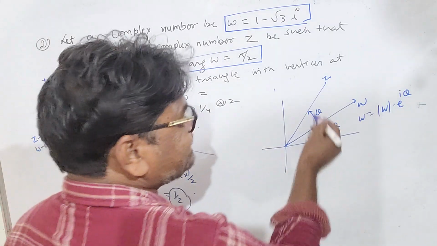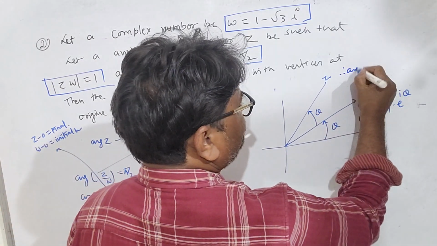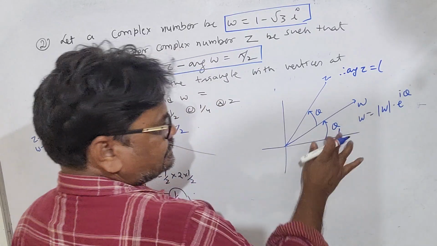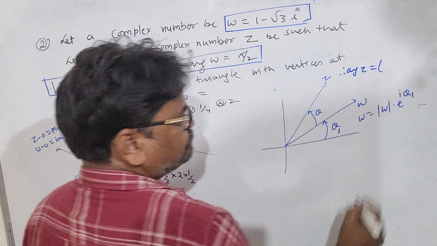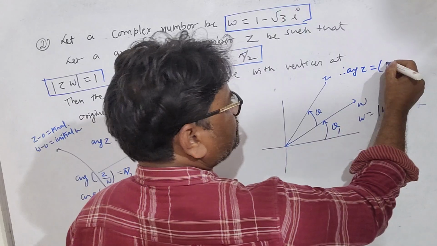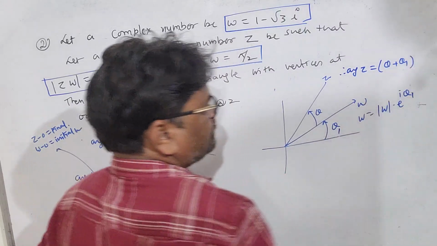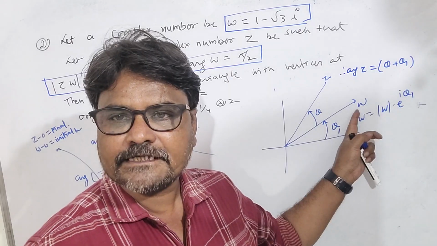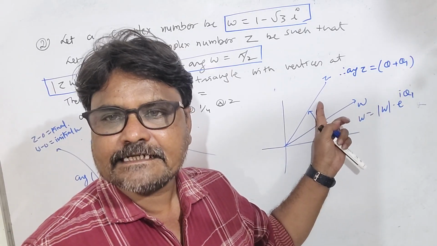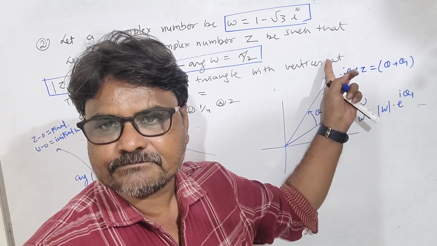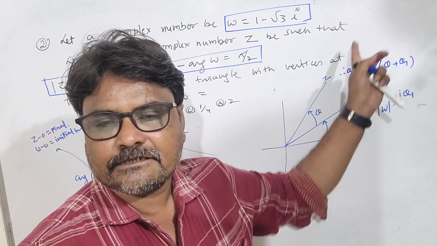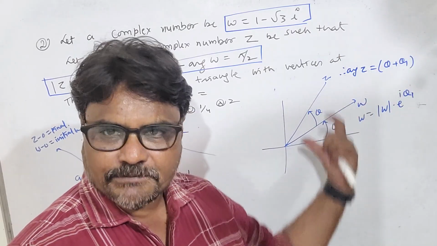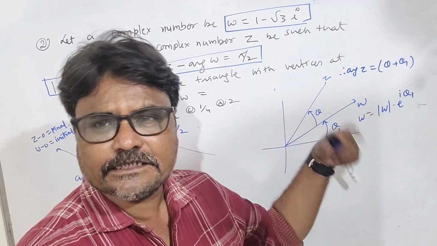We have rotated anti-clockwise, so therefore here the argument of z is theta 1. This is argument theta 1, correct, and this is theta. So the argument of z is theta plus theta 1, where theta 1 is the argument of w, and w is rotated through the angle theta anti-clockwise to get z, after stretching w, rotation and stretching, or rotation and compressing, or only simply rotation.